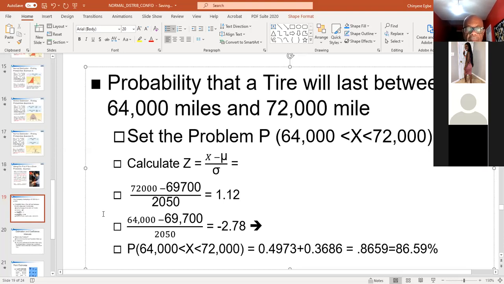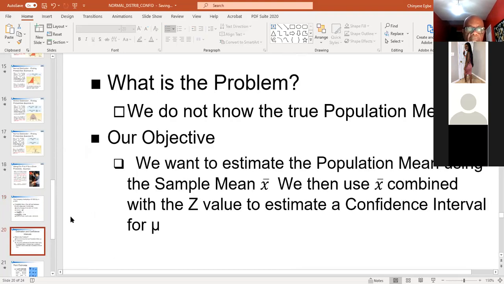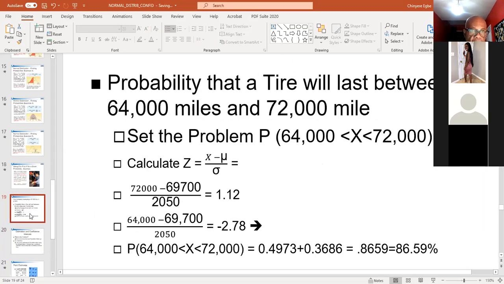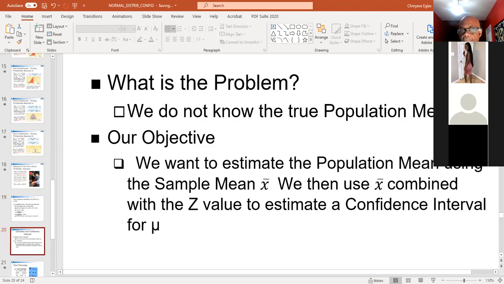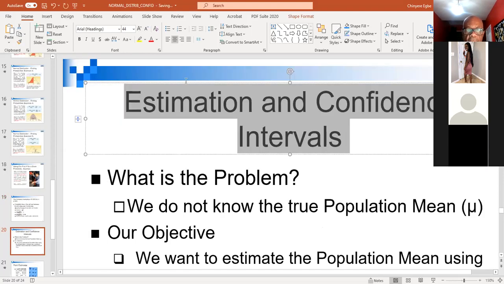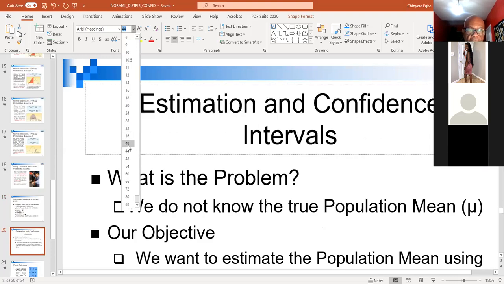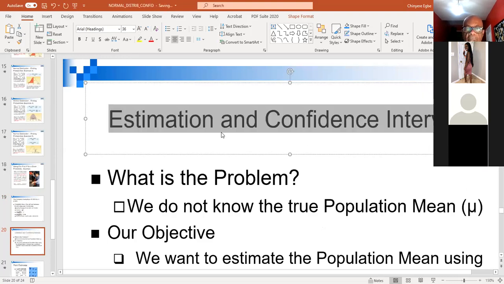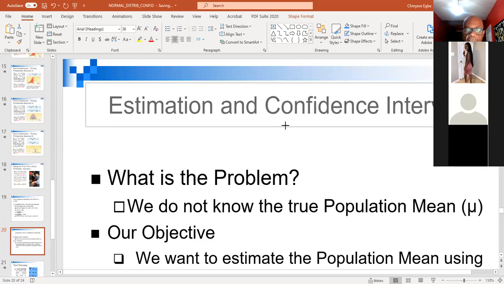All right. So this is essentially how to read off the normal distribution. Now we're going to use this normal distribution to do confidence interval estimation. This class has gone beyond reading of normal distributions.